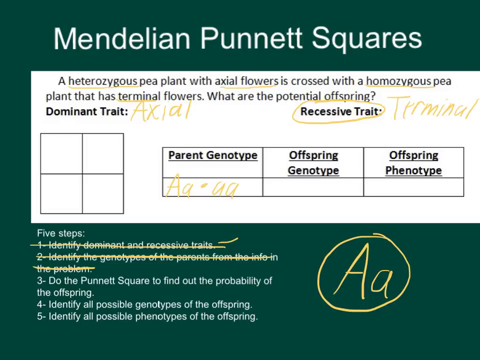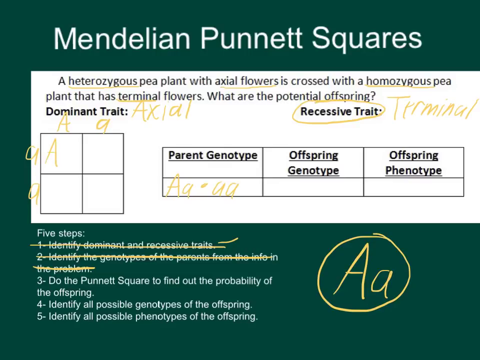Our third step is to do the Punnett square to find out the probability of the offspring. So now we take our parents and put the parents up into the Punnett square. Okay, so our first parent goes along the top, capital A, lowercase a, other parent going down the side, little a, little a.